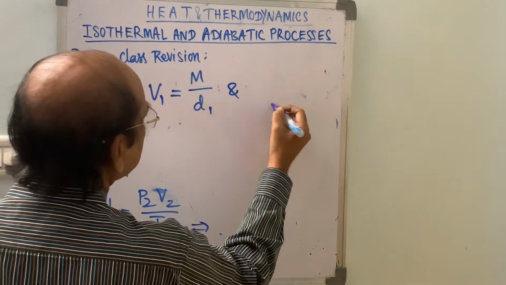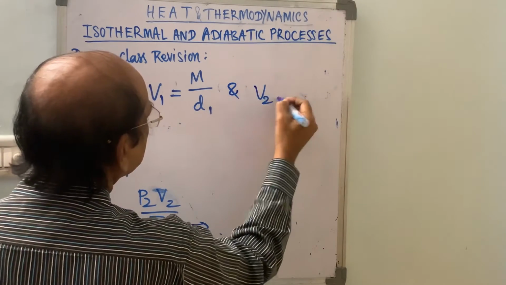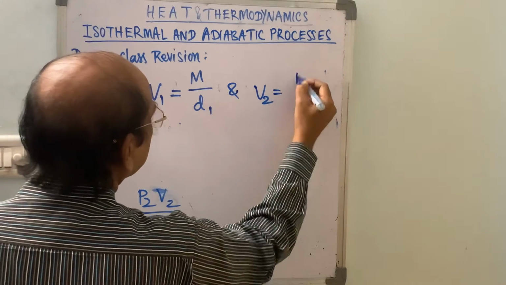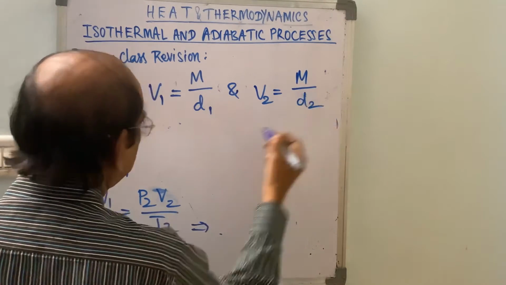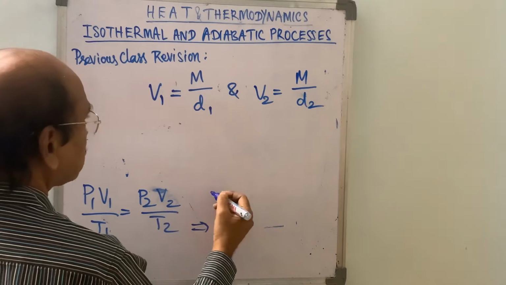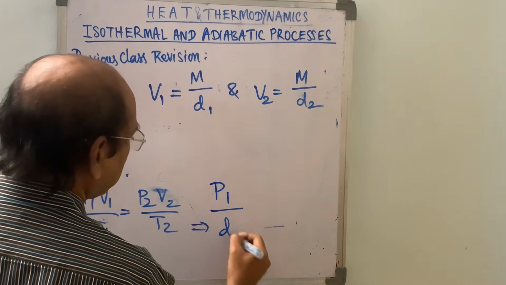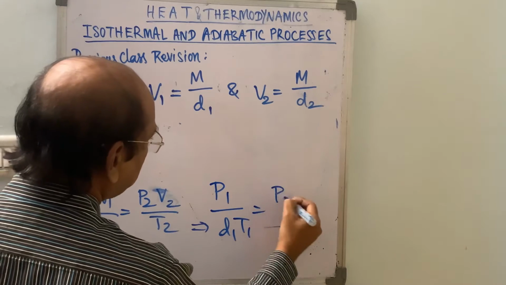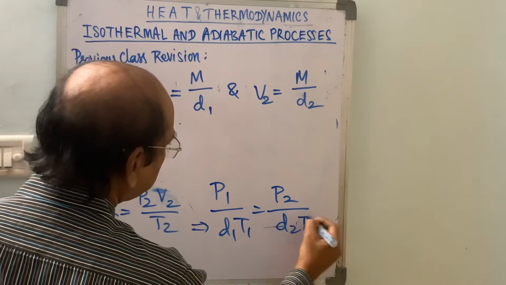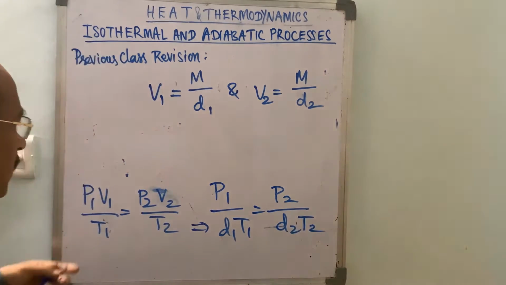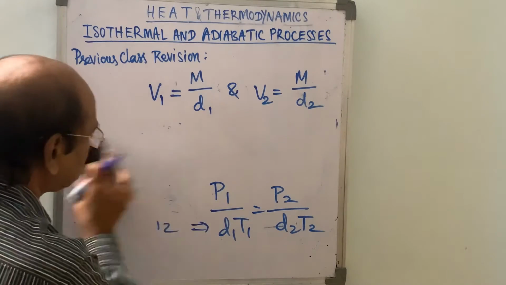And at density d2, if volume is V2, then d2 is m by V2. By substituting the values in this equation, we get P1 by d1 T1 equals P2 by d2 T2. This is the ideal gas equation in terms of density.